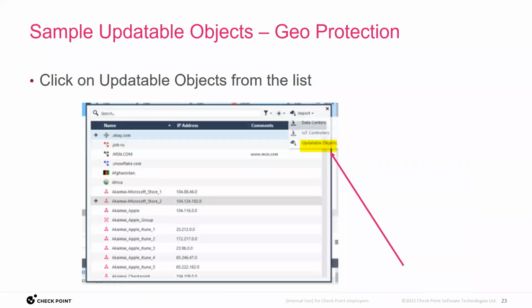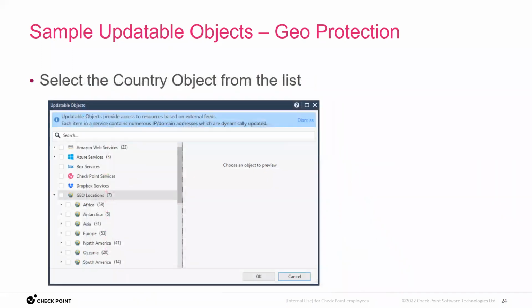It's going to do a drop down. You select updatable objects, and now you get all the updatable objects. And as you can see, Amazon is some of the services, Azure services, but we're going to concentrate on the geolocations, and you can see there's the 7 continents that are in there.